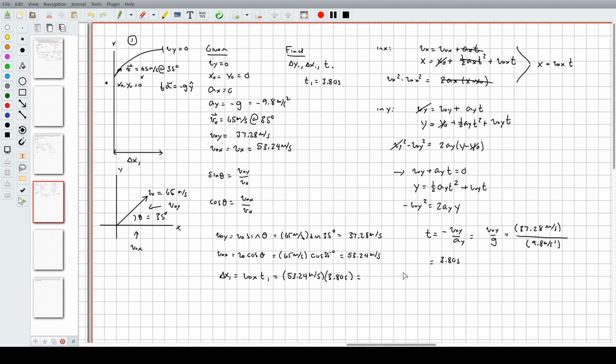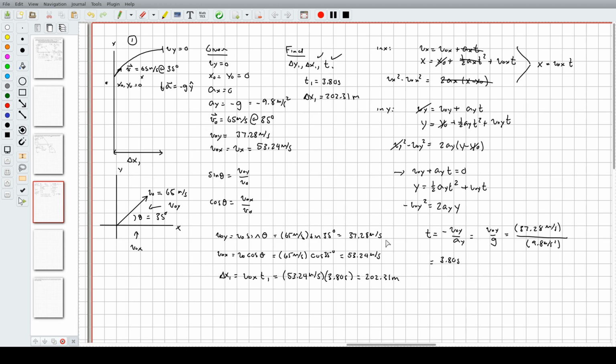So if you go ahead and do that, 53.24 times 3.80 gives 202.31 meters. All right, so that checks that off the list. Delta x1 is 202.31 meters. Right. So we got the time, we got x.